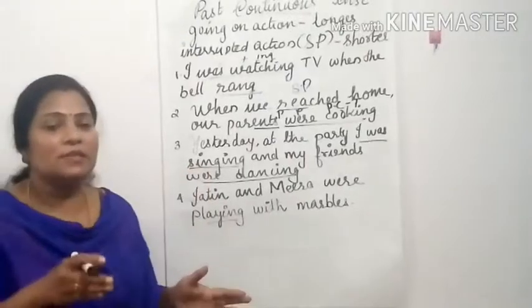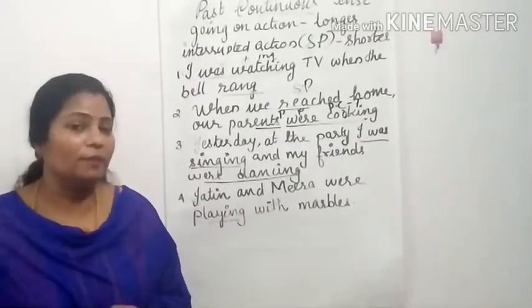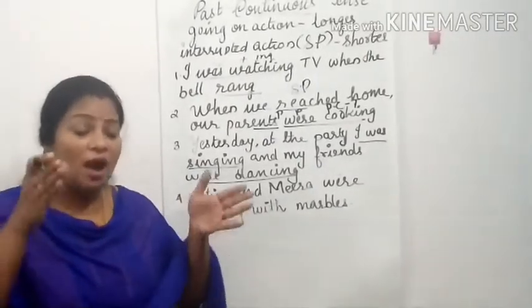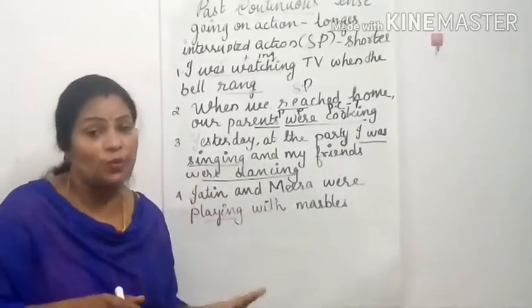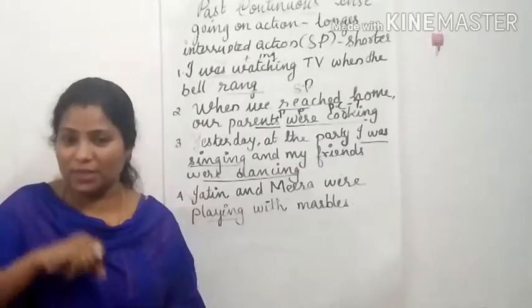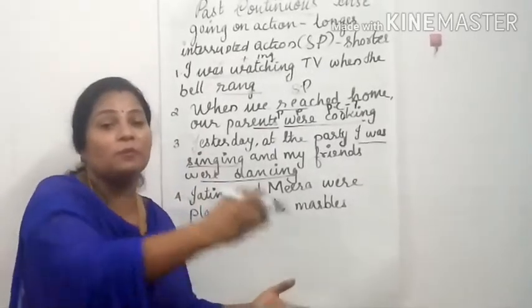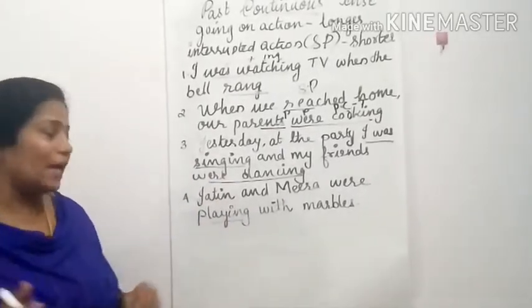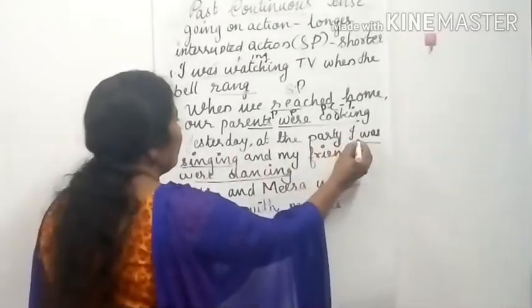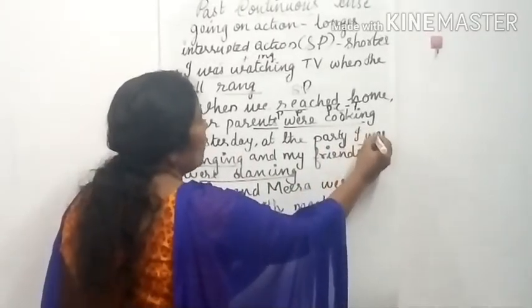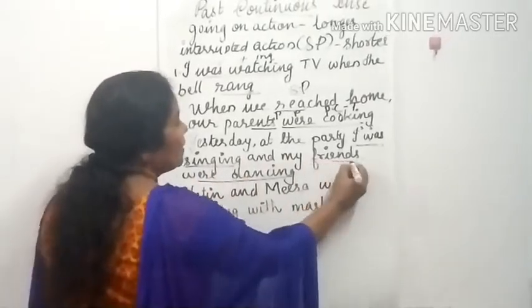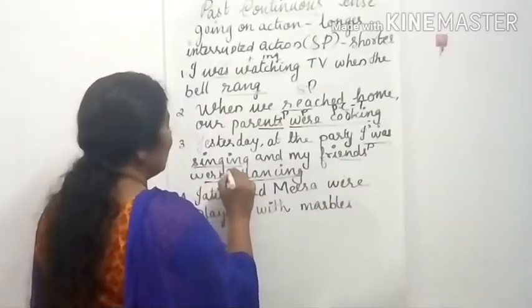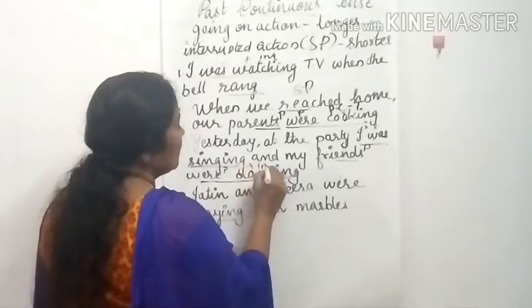So this is an action which took place yesterday. So at the same time two continuous actions were going on. That means I was singing and at the same time my friends were dancing. Okay. So I is singular, so was is singular. Here friends is plural, so we used plural plus ing form.